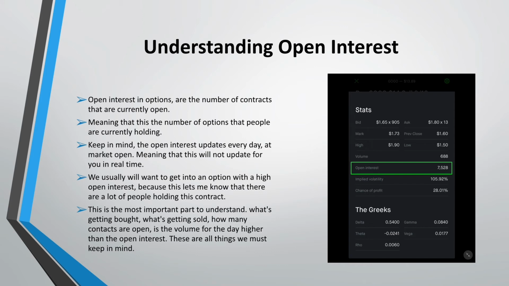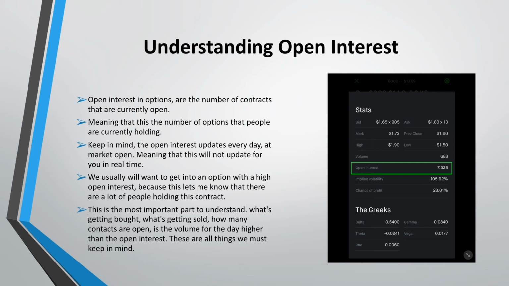All right, so now we'll be going into open interest. Open interest, as the word says, is the number of contracts that are currently open or currently being held by people just like you and me. Of course, some corporations are involved. Now, keep in mind the open interest updates every day at market open, unless you have some other type of tool that lets you see it in real time.